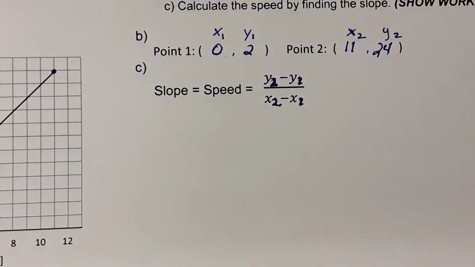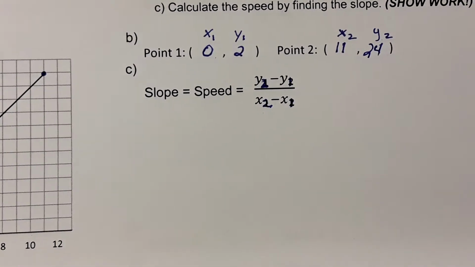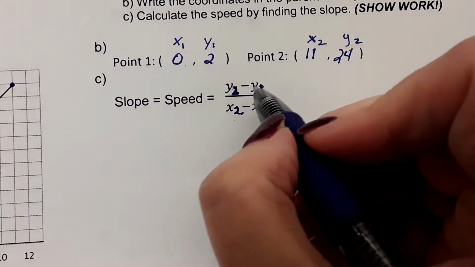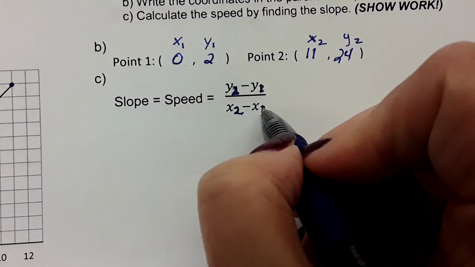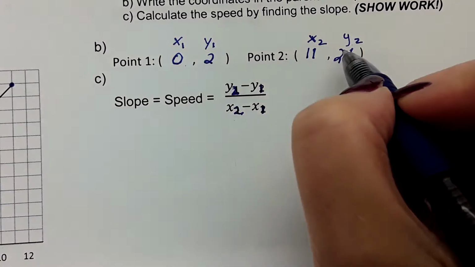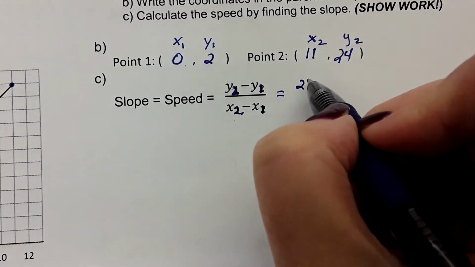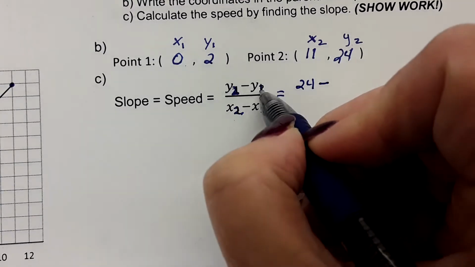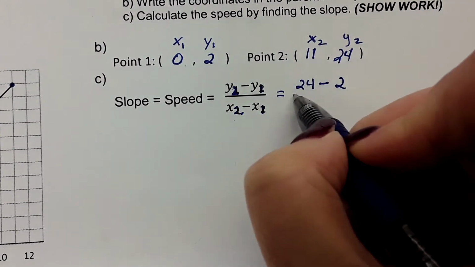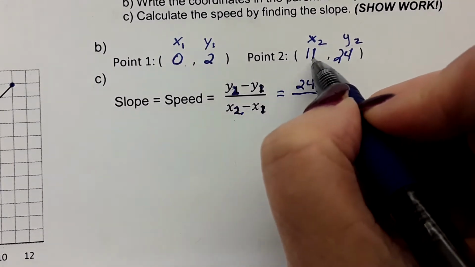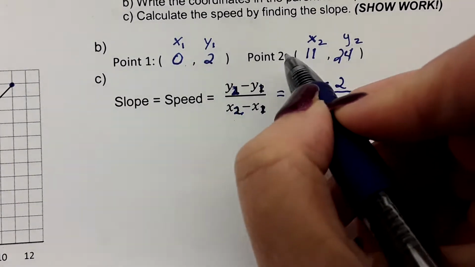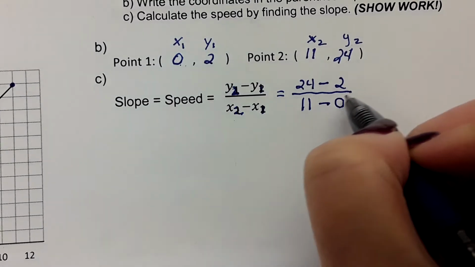Now that we've got our 2 points, we can find the slope. So, y2 minus y1 over x2 minus x1. Okay? So, here's y2. That's going to be 24 minus y1 is 2 over x2, see, x2 minus x1.